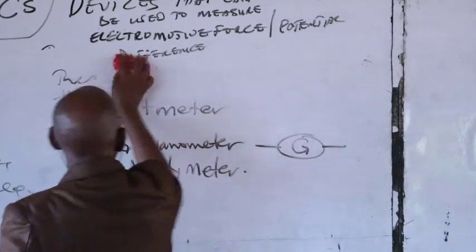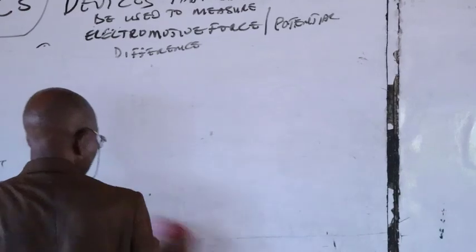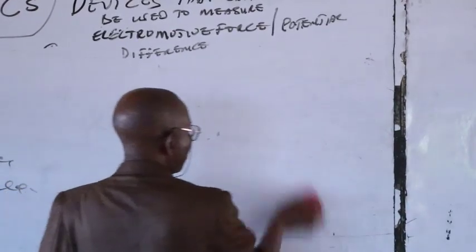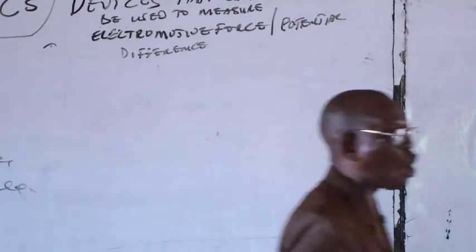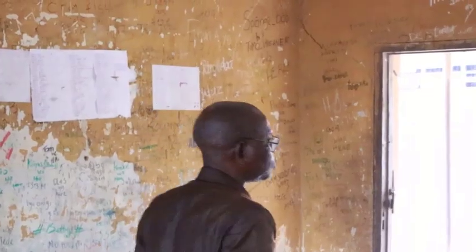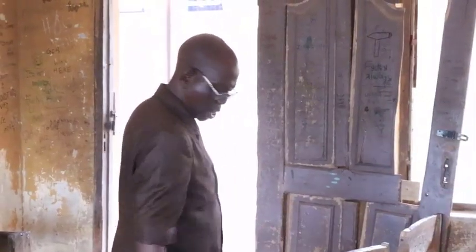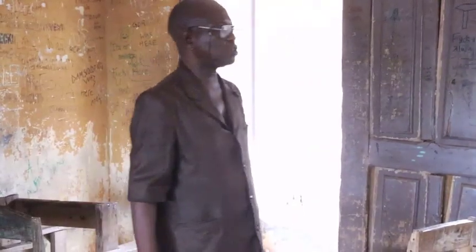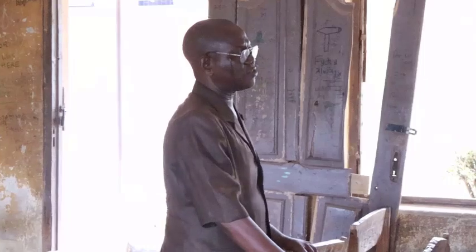Before we talk about the components in an electric circuit, we talk about what we call circuits. Then we can talk about the components in the circuit and how we can connect them. What do you understand by electric circuit? What is an electric circuit?